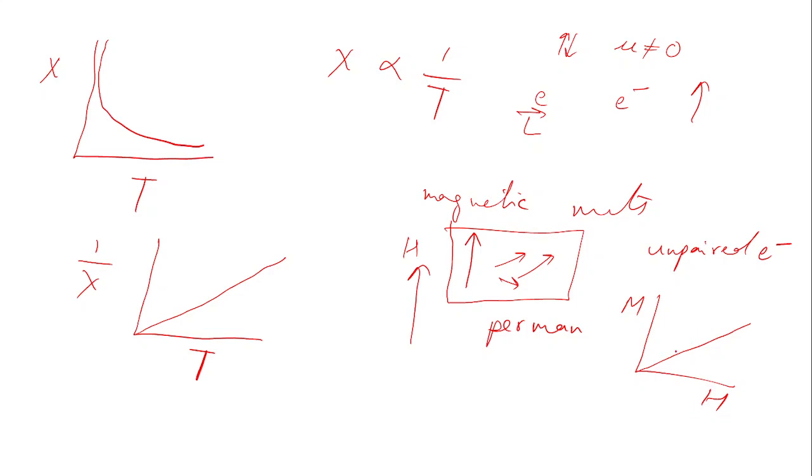The slope again will depend on the strength of susceptibility in that material, but it will be a linear behavior, because when we apply the field, they all will align along this direction, and then we'll get a magnetic field around it. This is what happens in a paramagnetic material.